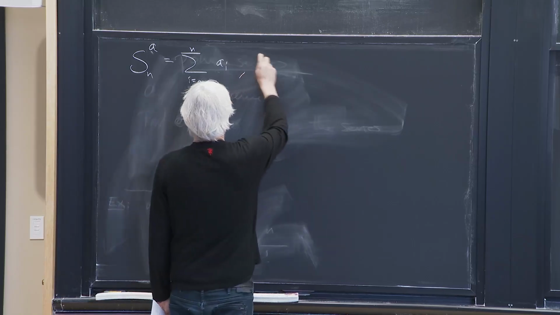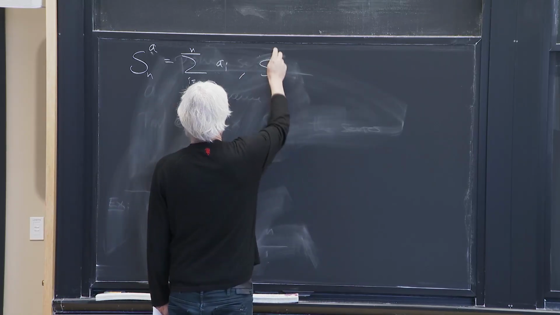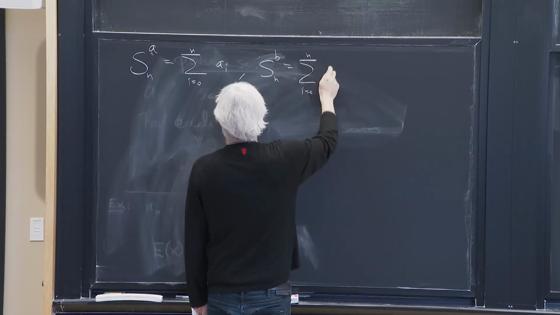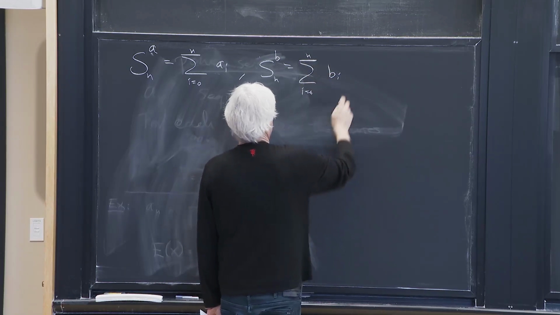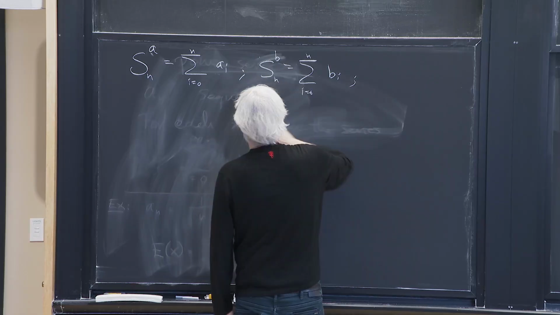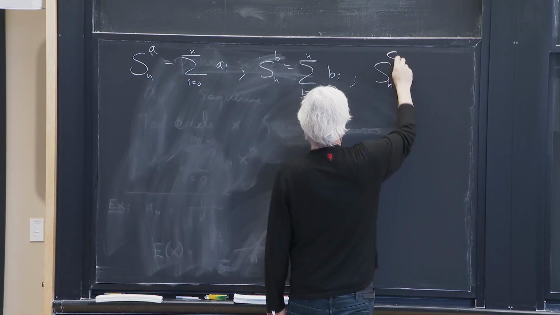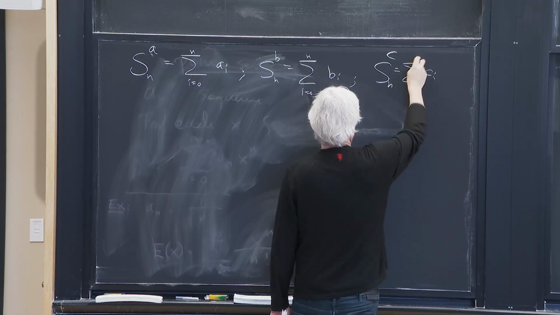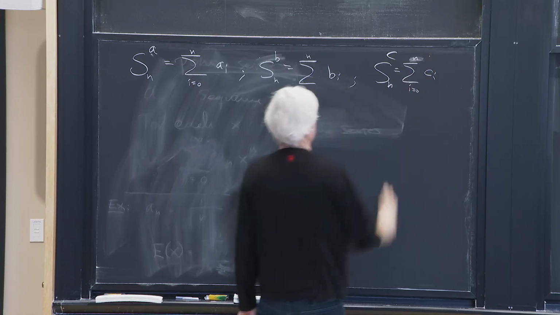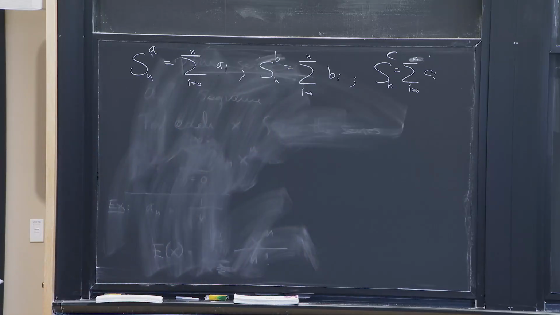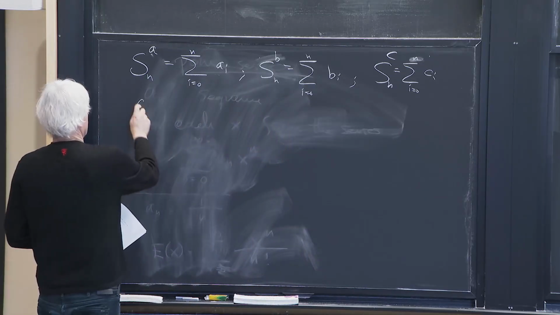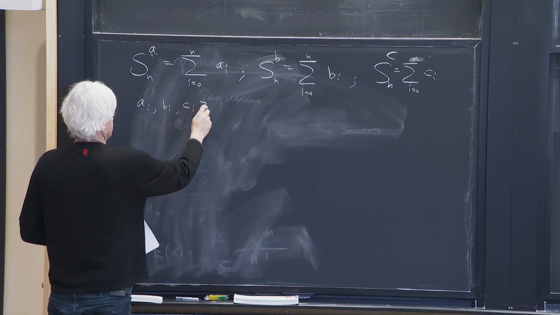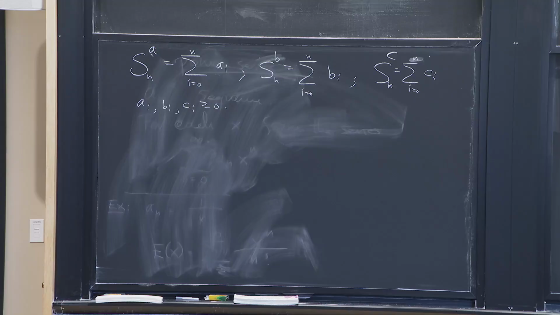And then likewise I define S_n^B to be the sum of the b_i's, and I define S_n^C to be the sum of the c_i's, up to n, like that. And of course, we know that a_i, b_i, and c_i are all non-negative numbers.